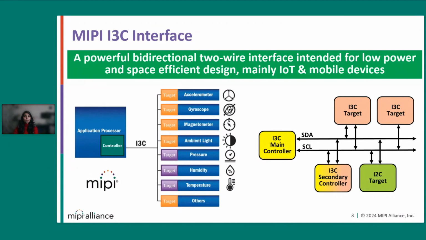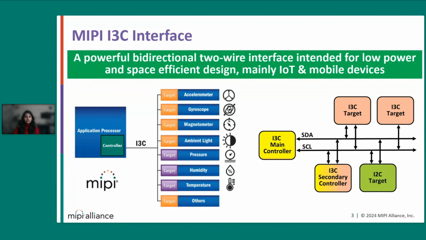Now let's talk about the bus configuration and device roles. I3C devices can be classified into three categories based on their roles. Mainly, we can have a main controller, a secondary controller, and target devices.